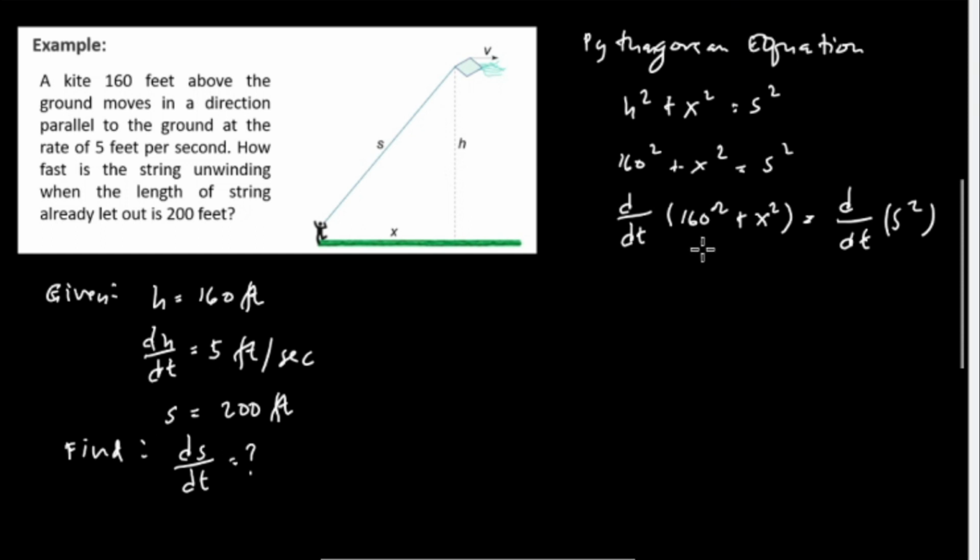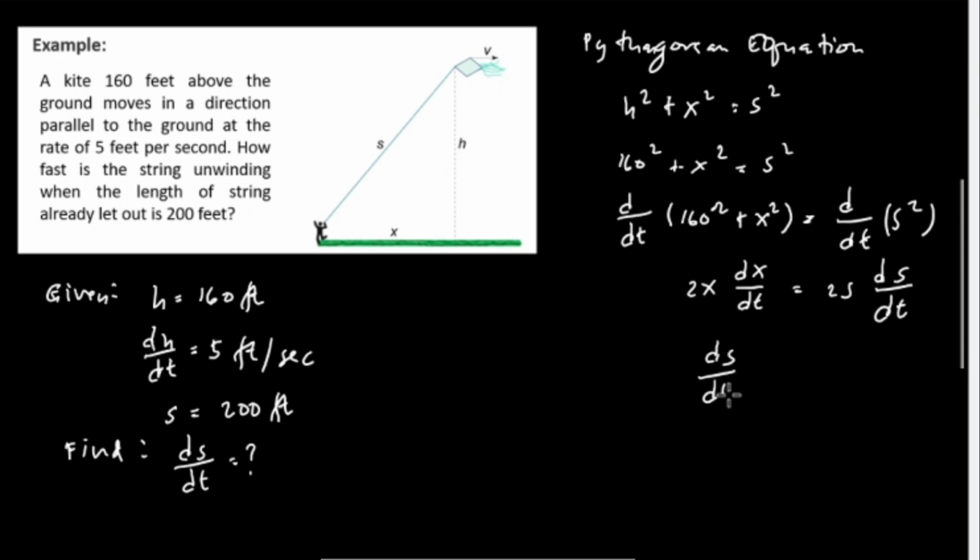The derivative of 160 squared is 0, since it is a constant, and the derivative of x squared is 2x dx over dt, which equals the derivative of s squared, which is 2s ds over dt.